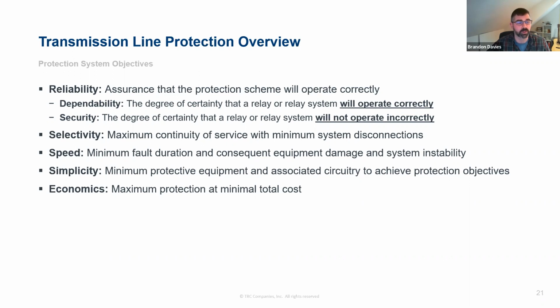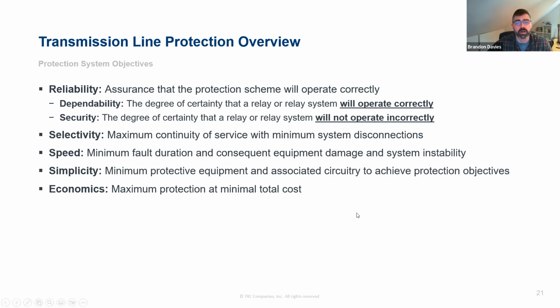If you're coming up with a solution and you've got to install 20 miles of fiber optic cables to get a signal from one station to the other station because you can make some small improvement in these other things, you've got to weigh in that economic value. Is that something that's worth it to the utility to spend that much? It could be hundreds of thousands or millions of dollars to make this change. Is it worth it for the economics?